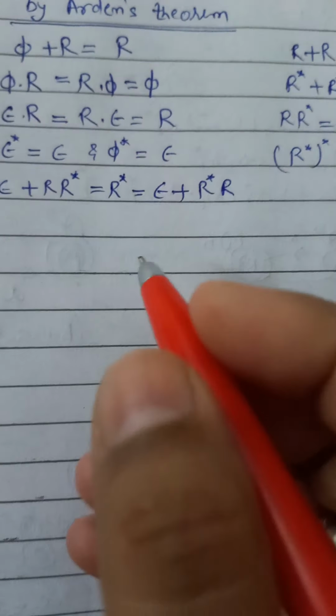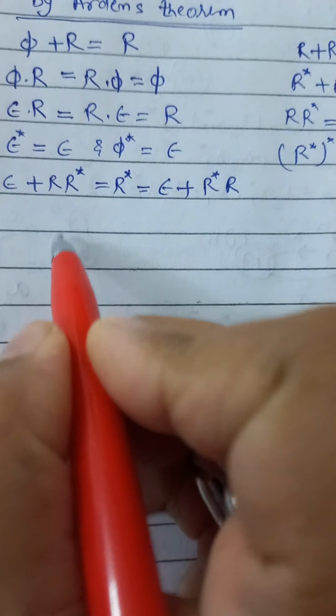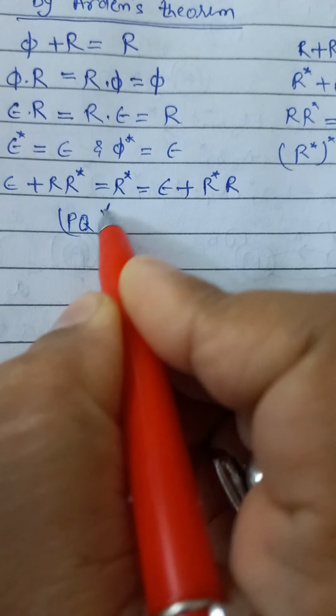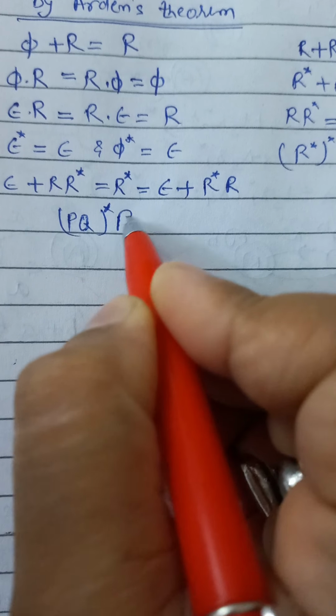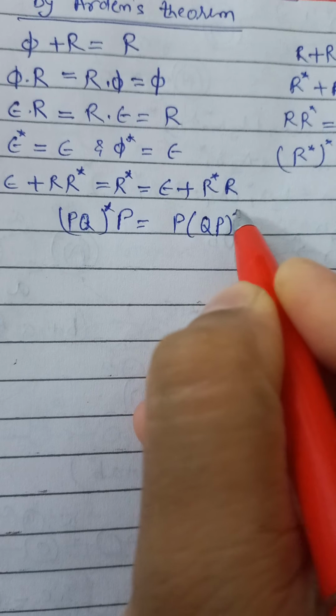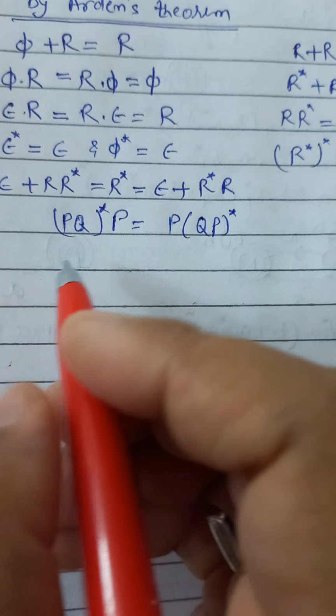And in a similar way, what rules do we have? If we have p q star p, then it can be equal to p q p star. Both are equal.